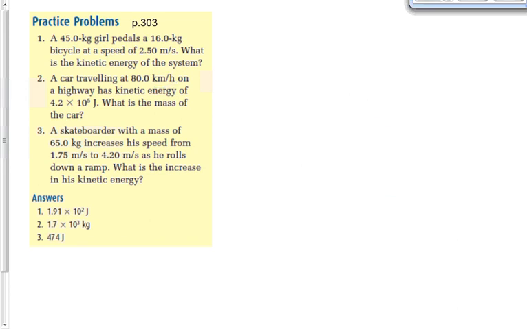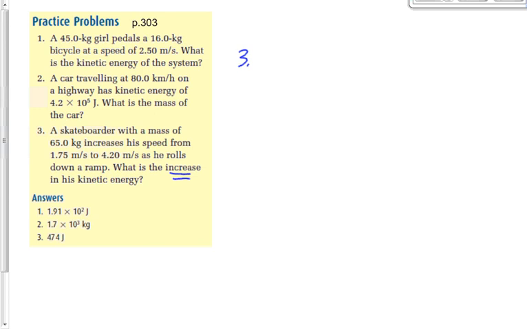Let's take a look at number 3 here. It says a skateboarder with a mass of 65 kilograms increases his speed from 1.75 meters per second to 4.20 meters per second as he rolls down a ramp. What's the increase in his kinetic energy? The word increase means change, right? What's it changed by?